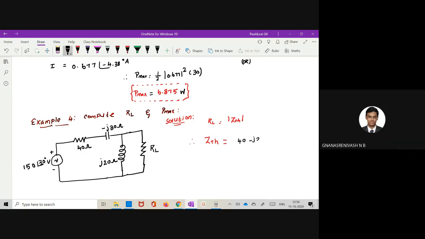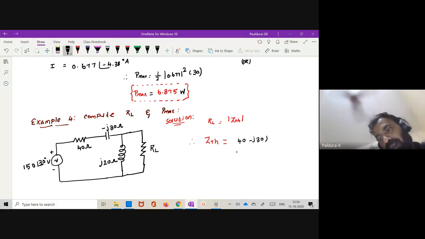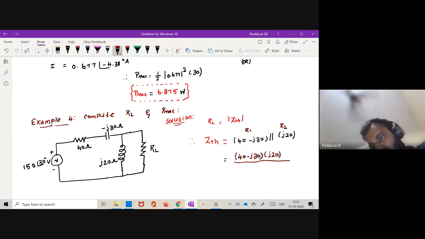So R1 parallel with R2 is R1 R2 divided by R1 plus R2, where R1 is 40 minus J30 and R2 is J20. It will give you 40 minus J10. What is my ZTH? Anyone?